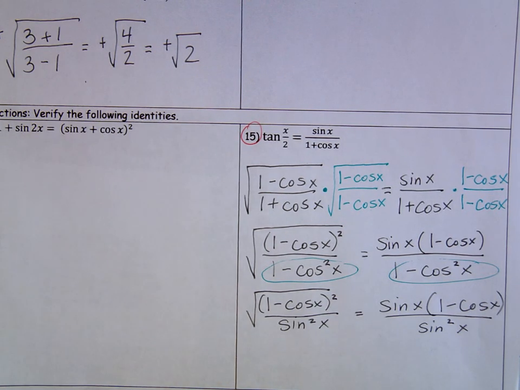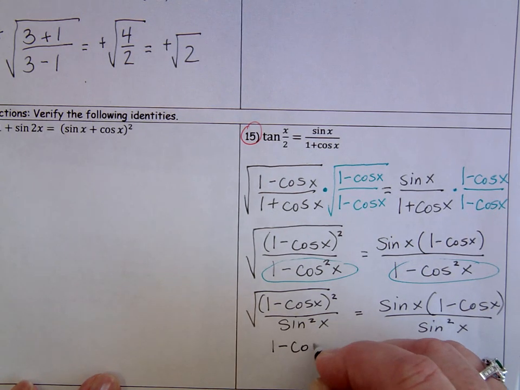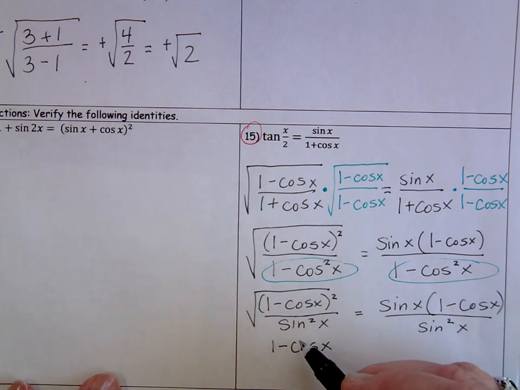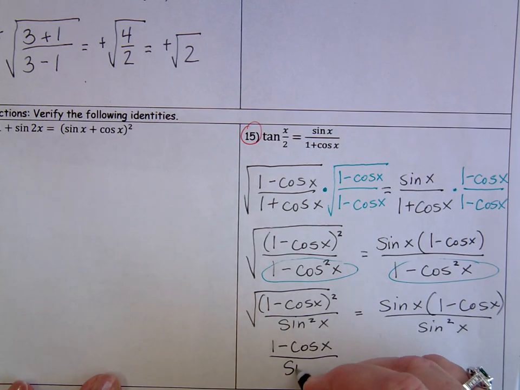On the left, if I square a square root, it undoes it. They undo each other. So really what I have in my numerator is 1 minus a cosine of x, no more square because I square rooted that. I have sine squared x, and if I square root that, I have just a sine of x.